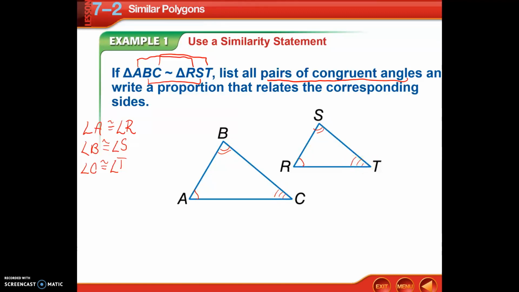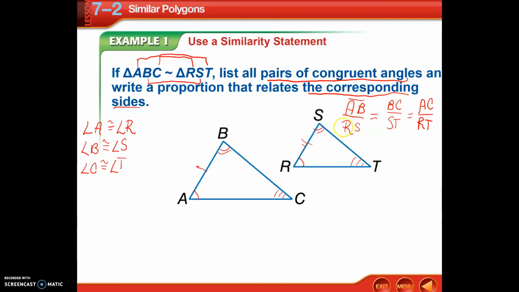Then we're going to look at the corresponding sides and write proportions with those. So AB is proportional to RS, and that proportion would equal BC, which corresponds with ST, and the last side, AC, corresponds with RT.